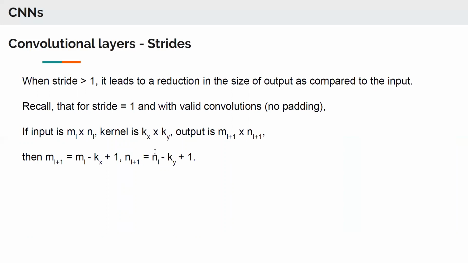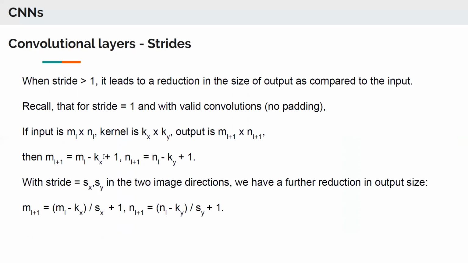So now we can see again, if stride was 1 and we had valid convolutions, that is we did not do any padding, then just because of having to discard the boundary pixels, we had this reduction in the output size, right? Now if on top of that we use strides greater than 1, we are going to have a further reduction in the output size, which is given by this formula.